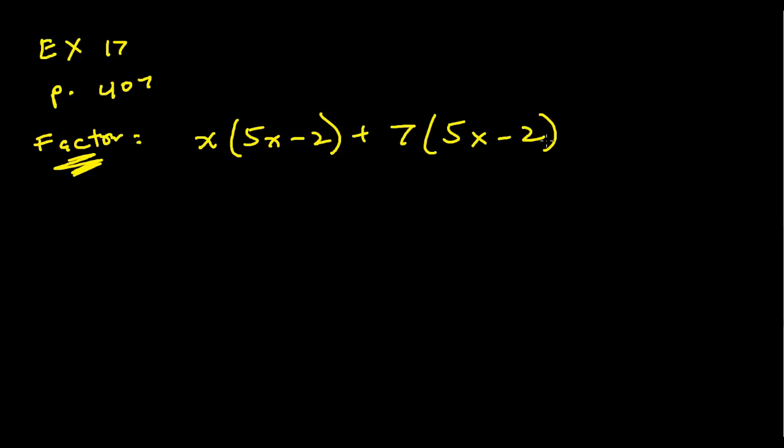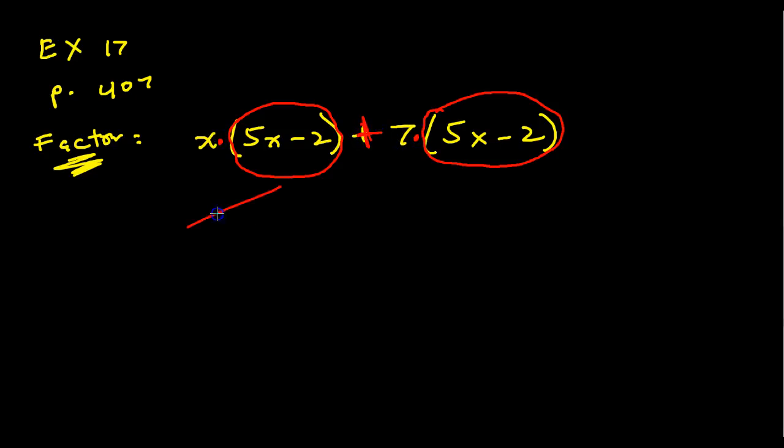5x minus 2 seems to be repeated here. That suggests something. Let me highlight that. All right, 5x minus 2 here, and 5x minus 2 here is indeed a common factor to this indicated sum here, is it not?